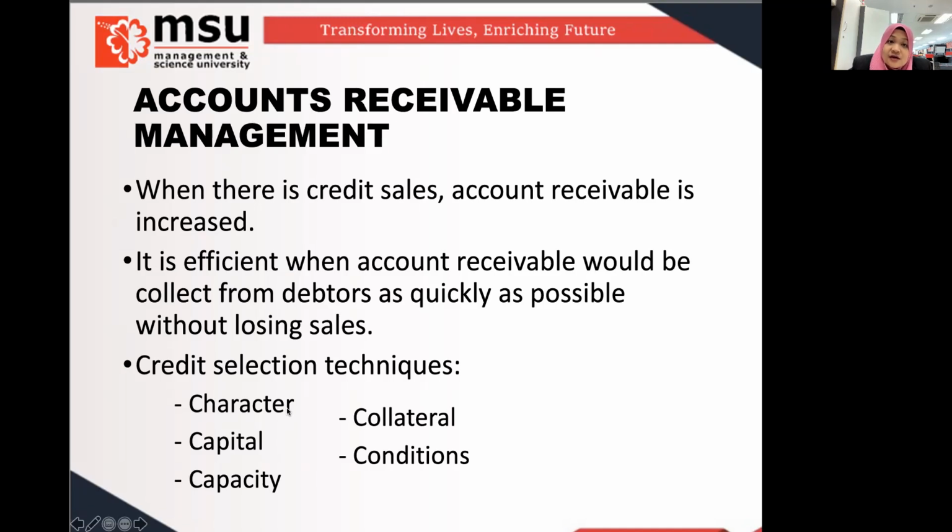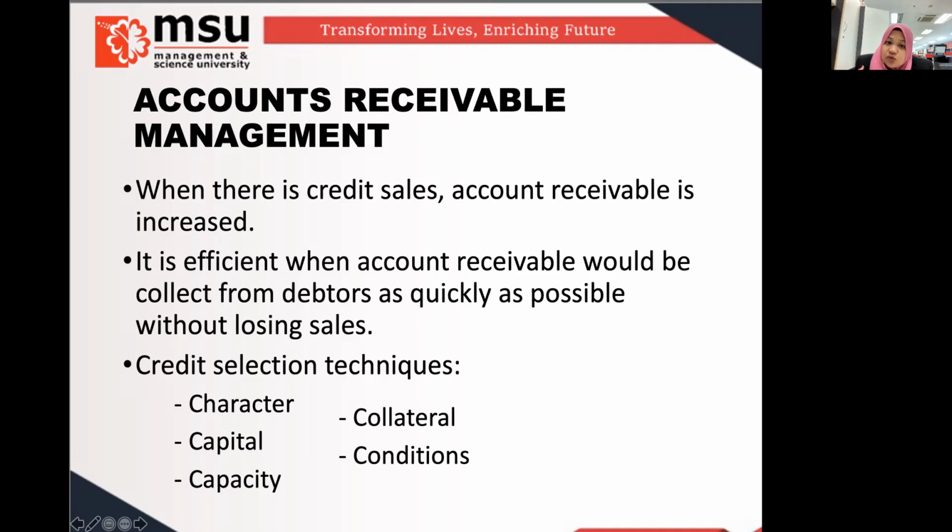So the first one is the character. So what types of people can be considered as a good character? So basically, they are the people who are able to meet the financial obligation on time. Okay, so before the deadline. For example, if the deadline is the first day of the month, so you're able to pay, the payment history will be before the first day of every month. So that is the person who has a very good character.